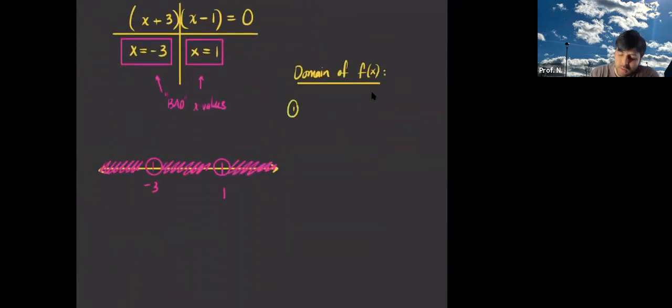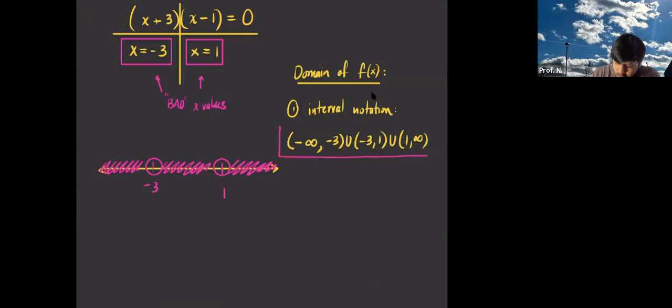So I'm going to do the interval notation. What's the interval notation here? It would be negative infinity to negative 3 union, negative 3 to 1 union, 1 to infinity. Boom. That's one way of doing it.